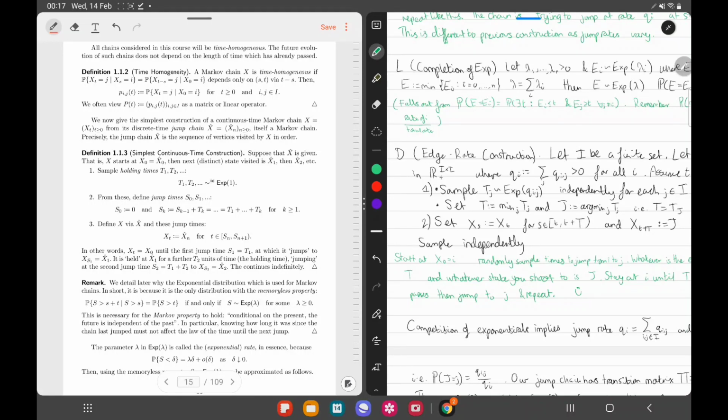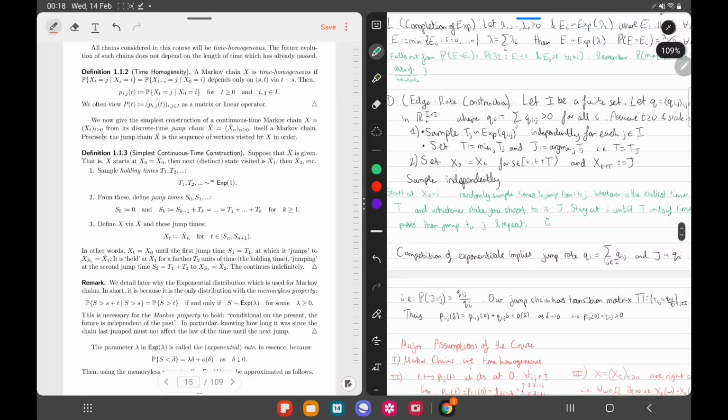Maybe these coins are exponentially distributed with some rate parameters. Whichever one gives me the smallest time, I'm going to go to that state. That's basically what the edge rate construction is. It's just some hyper guy waiting for the first opportunity to jump to a state and taking it. It's as easy as that.